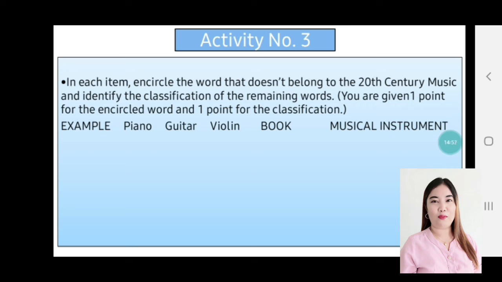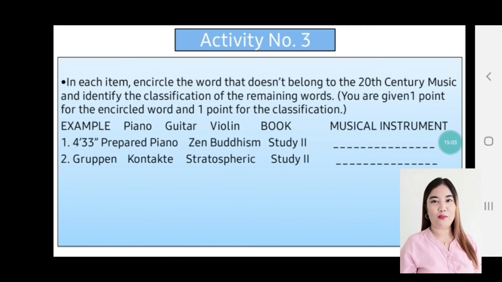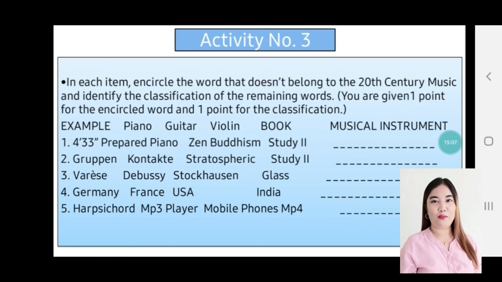And those 3 are musical instruments. So, ganun yung gagawin natin from number 1 down to number 5. And again, you're going to write down your answer on a short bond paper.